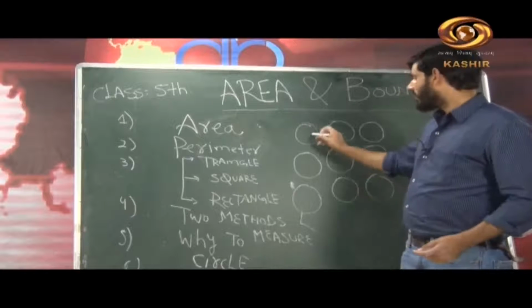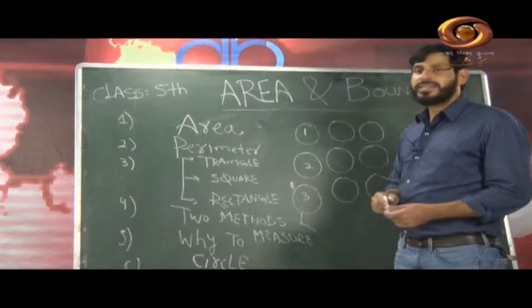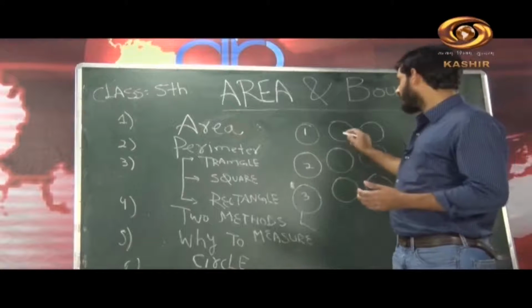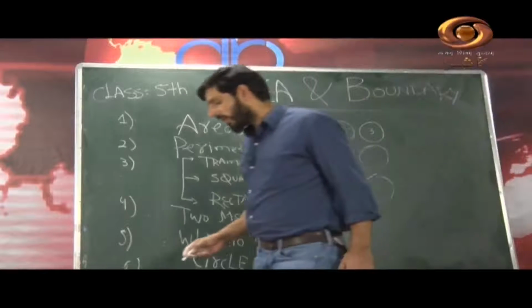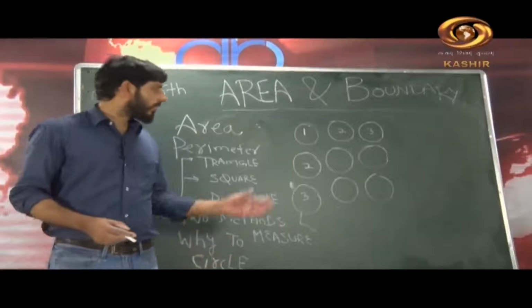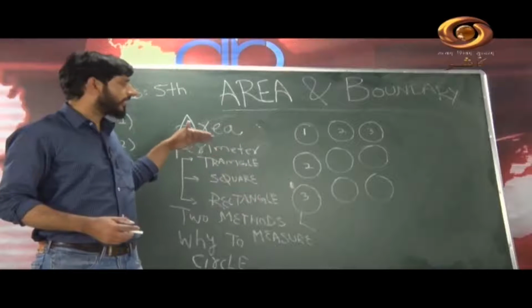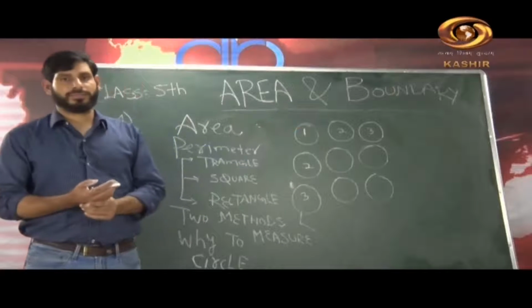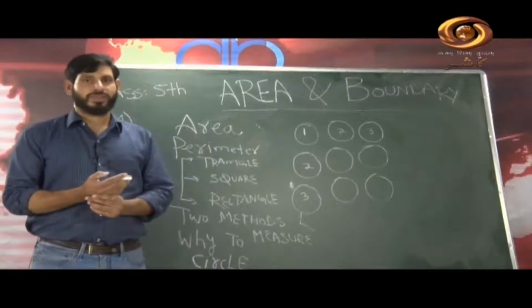That is, we have 3 lines 1, 2, 3, and each line contains equal number of students, that is 1, 2, 3. In this case, when we have equal number of lines and every line contains equal number of students or objects, we call this a square.